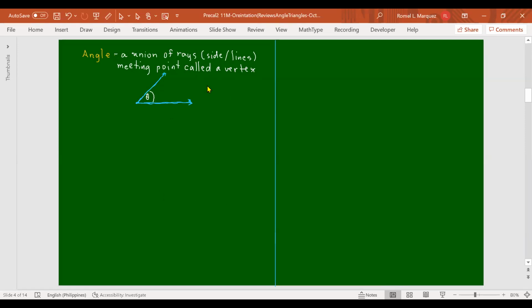Now here we say that theta is the angle. To indicate the measure of theta, the amount of rotation, we use this symbol, M, then this symbol, measure of angle theta.